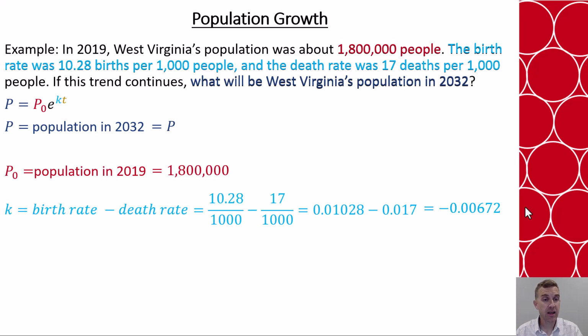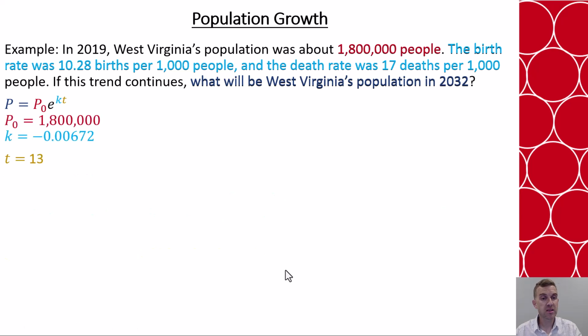And the last thing is time. Well, look at the year we started. We started in 2019. We're going to 2032. So we're looking at the difference between those 2 years, which is 13 years. So now we put this all together into our formula. 1,800,000 times e raised to our negative rate times 13.